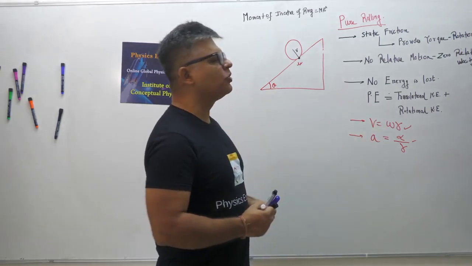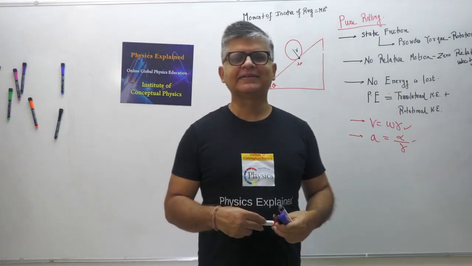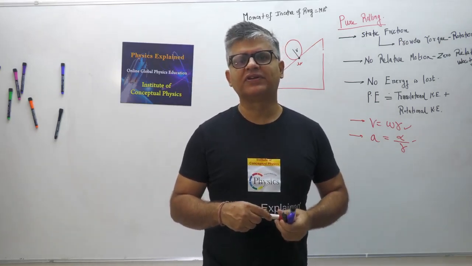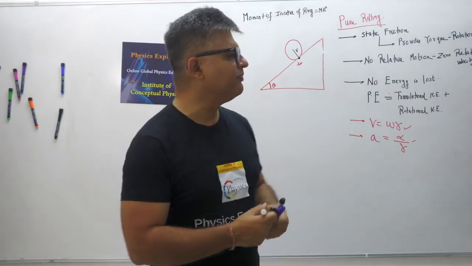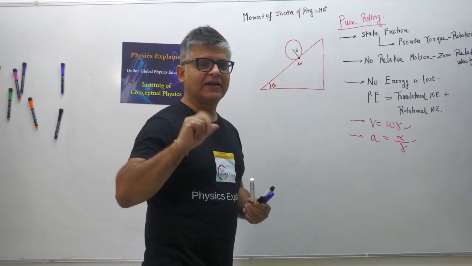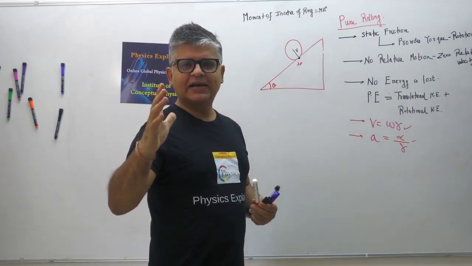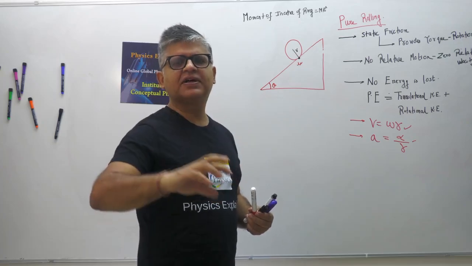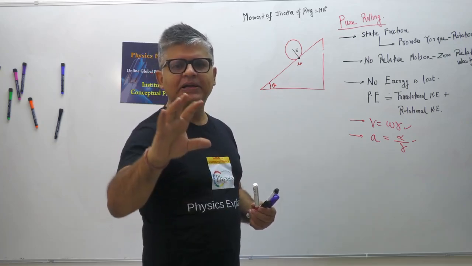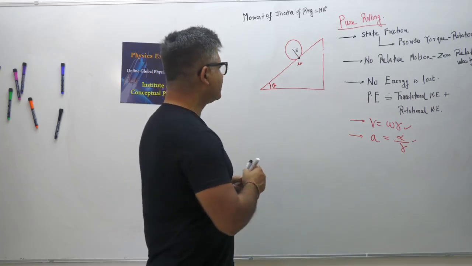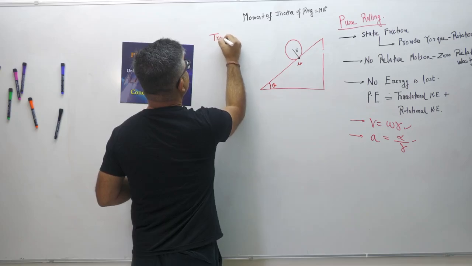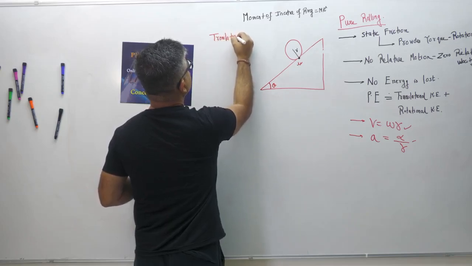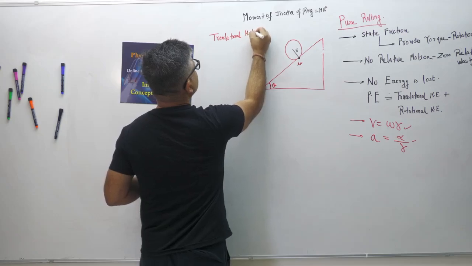Now, the question here was what is the acceleration of this ring as it comes down. That is the question. Now let's make a free body diagram. When we make a free body diagram of a ring, sphere, or disc coming down, how do we do it? First of all, let's address the translational motion.